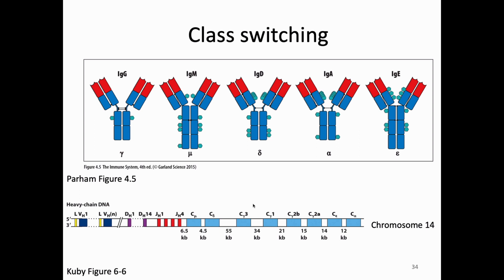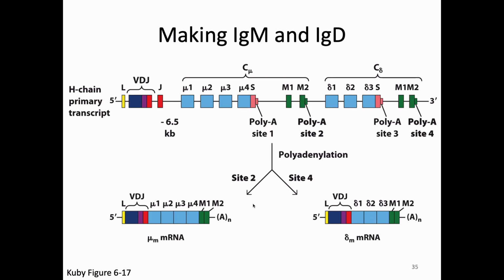You've actually already seen an example of class switch. And that was how that B cell early in its life could make both IgM and IgD. That's actually it making more than one isotype. And the idea of what was happening there, if you recall from like 2 slides ago, is that we have one big RNA that has the information for the M constant region and the information for the D constant region.